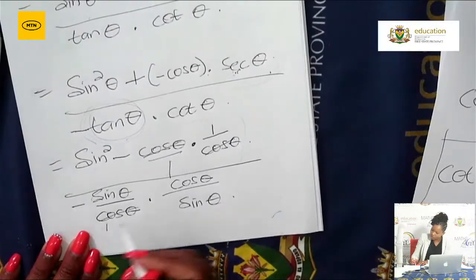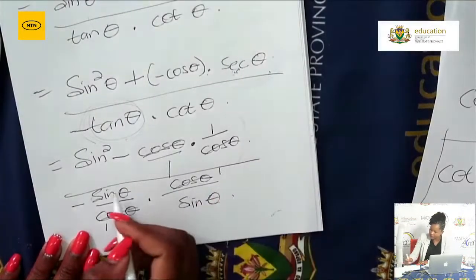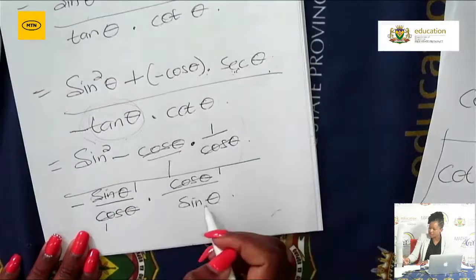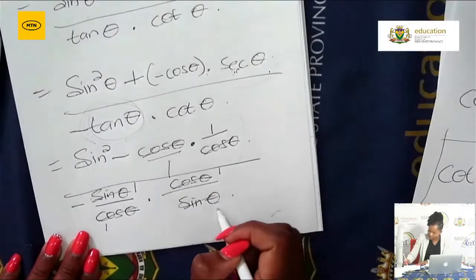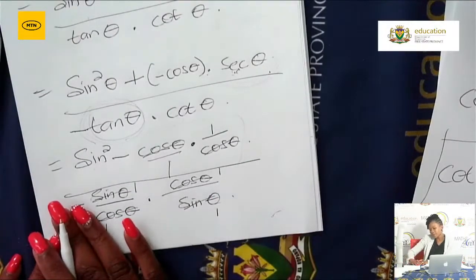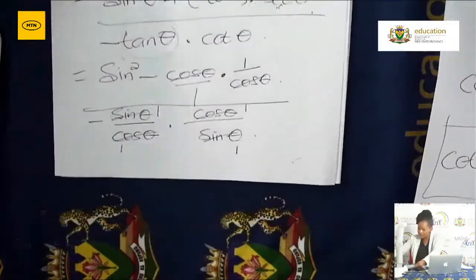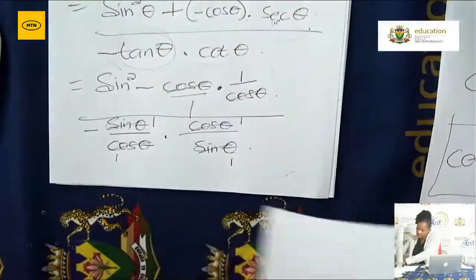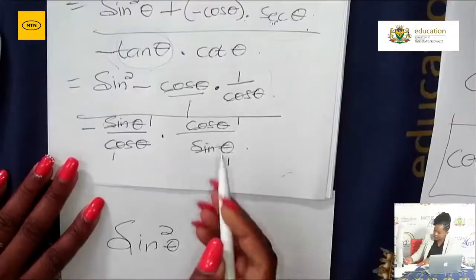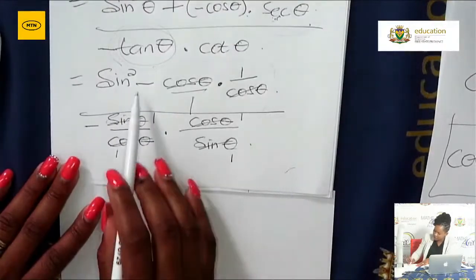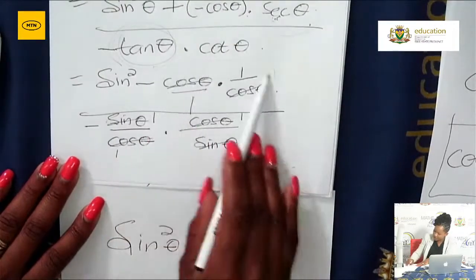Cos into cos goes once, sine into sine goes once, and then sine into sine here goes once. So in the denominator, our answer is 1. Let me write the answer for numerator and denominator. In the numerator, we have sine squared theta minus 1.